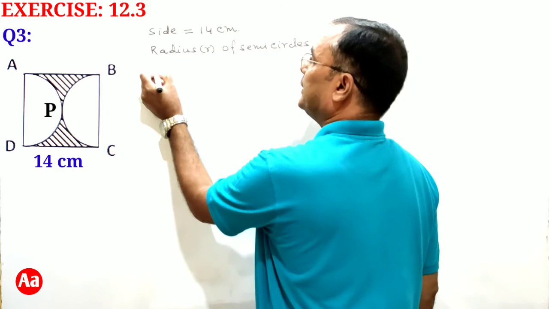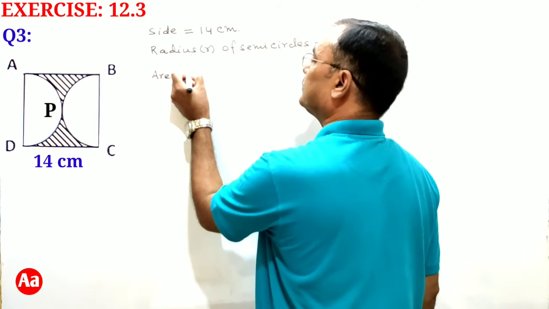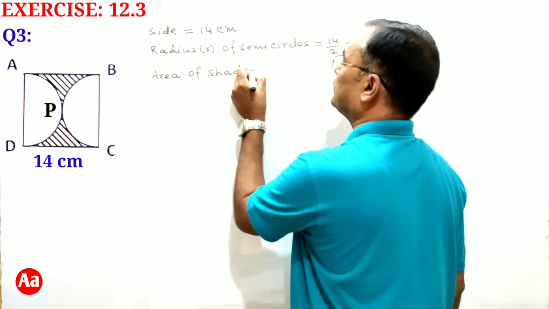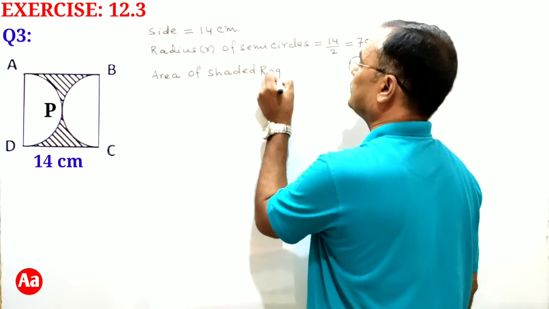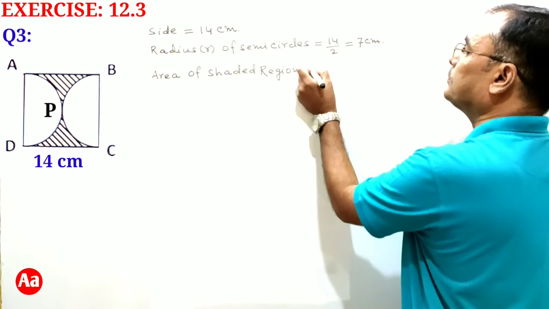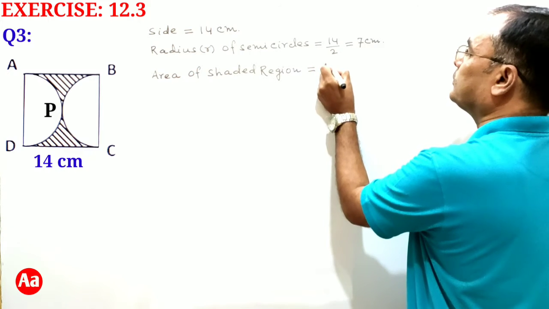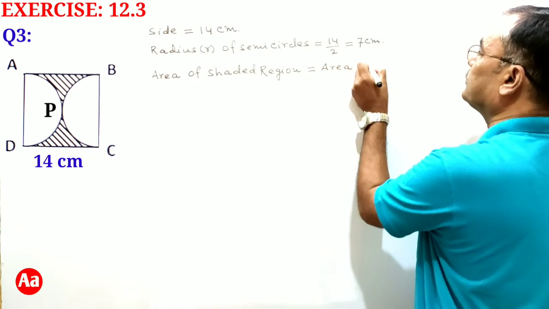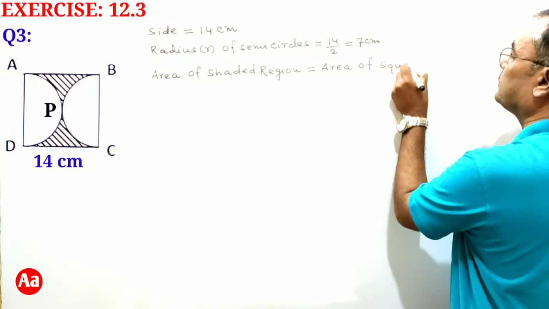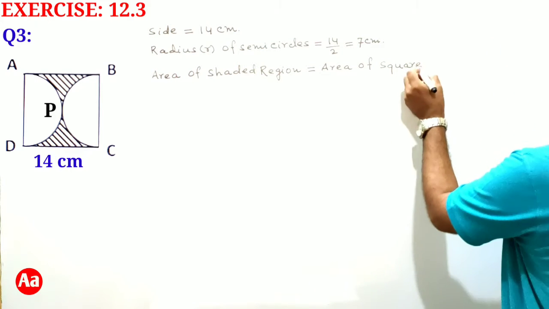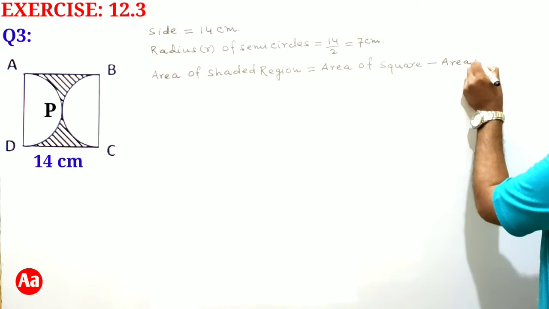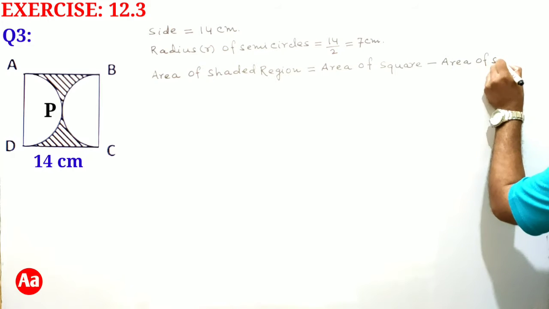Area of shaded region equal to area of square minus area of semicircles.